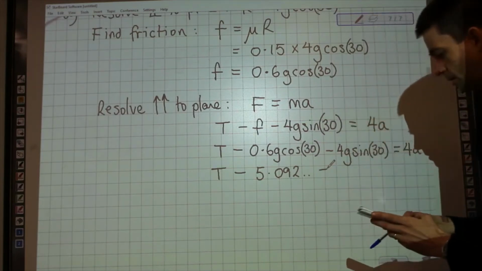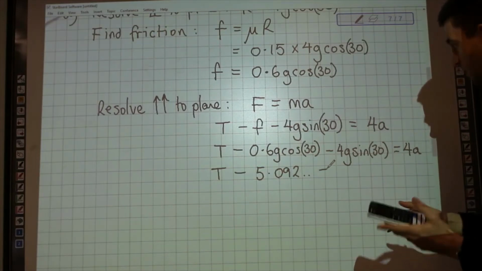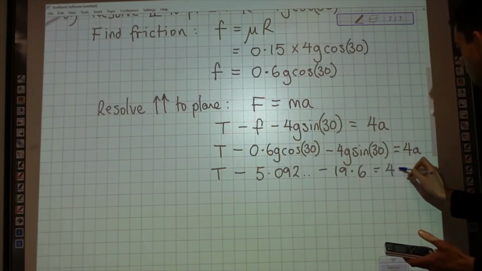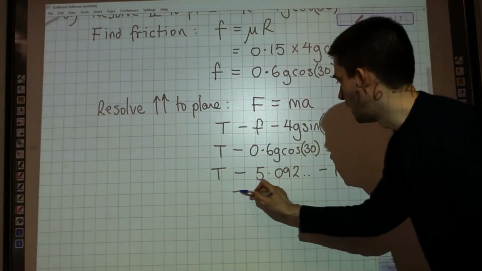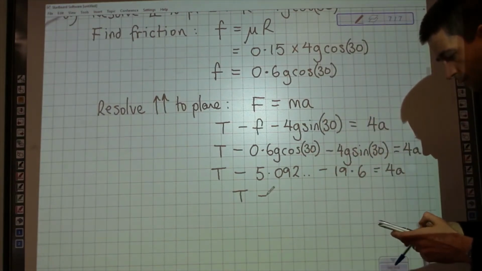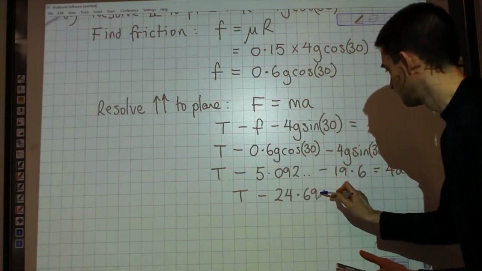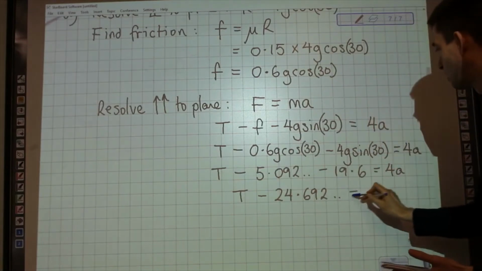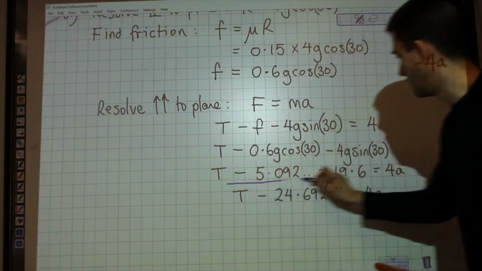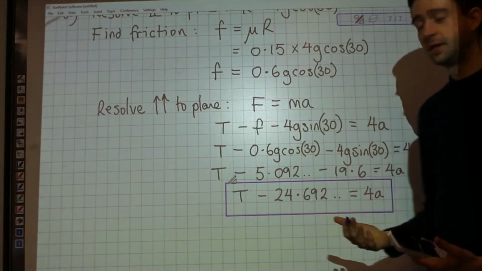Then I've got 4 times 9.8 times sine 30, which is 19.6. So overall what I have is T minus 24.692, etc. equals 4a. I'm going to draw a big blue box around that because that is my equation 1 that I'm going to use to solve simultaneously later on.